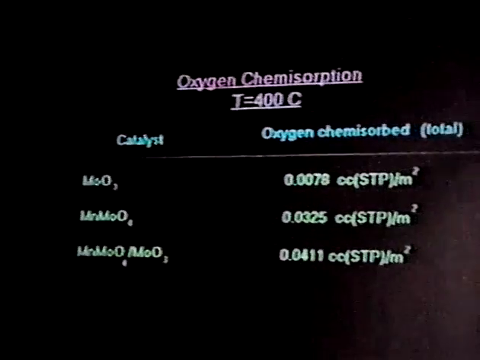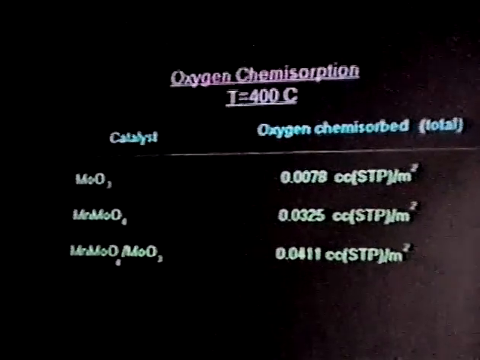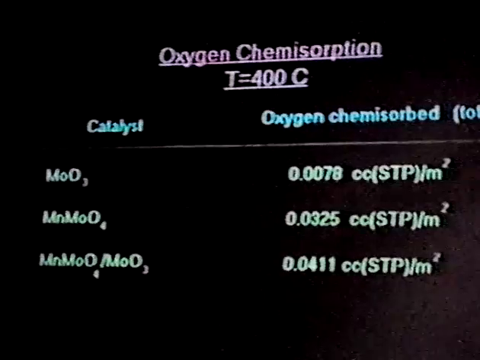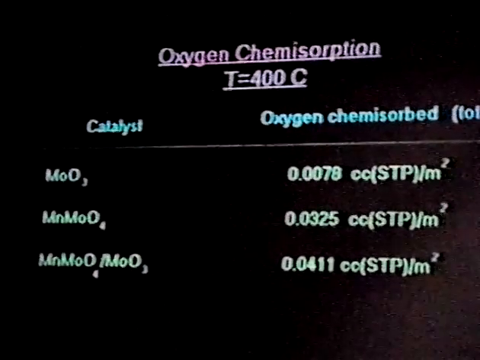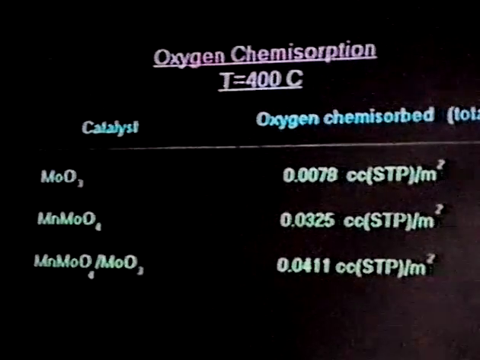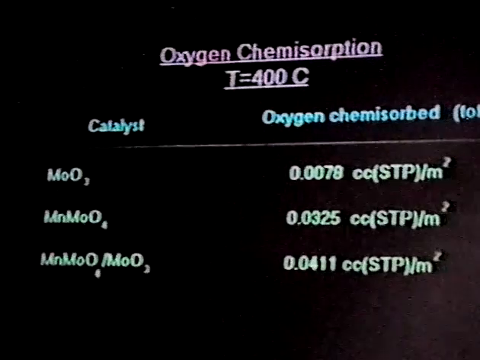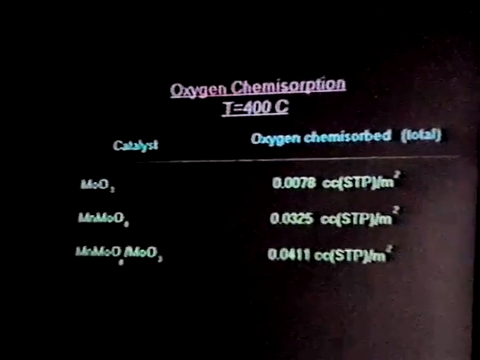One other interesting result that I'd like to quickly mention is oxygen chemisorption results that we have performed at 400 degrees centigrade. We compared the oxygen uptake of these 3 catalysts, and we have seen that the highest oxygen uptake is observed over the promoted catalyst, followed by the promoter itself, manganese molybdate, and finally molybdenum trioxide.